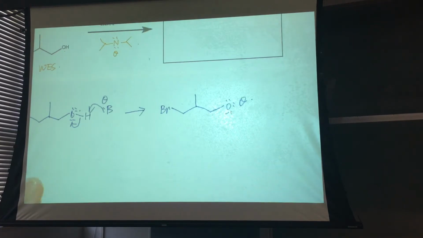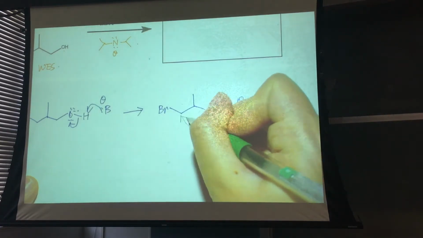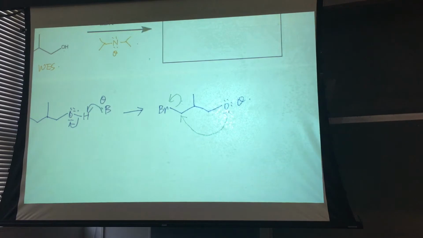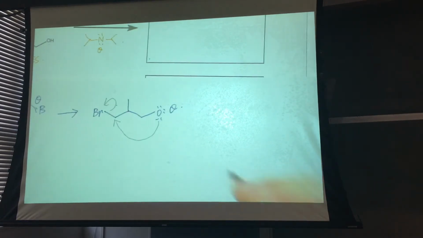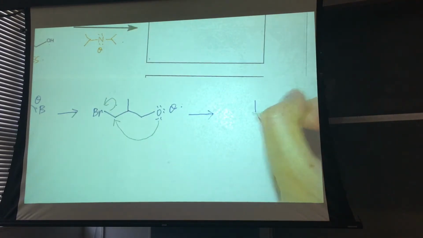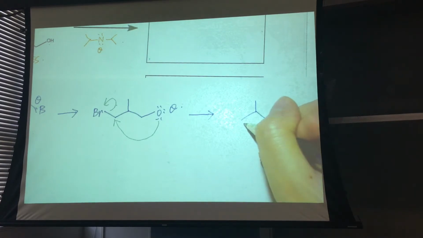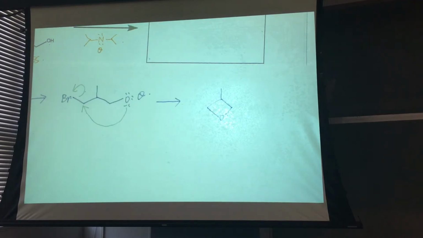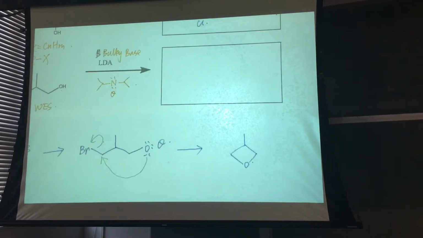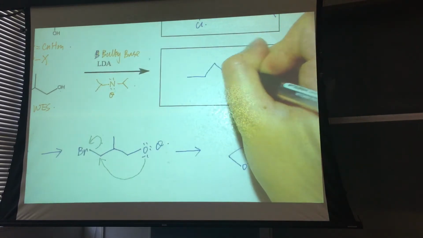And this one is going to attack the carbon, and this one will form an intramolecular ether. Okay? The answer key looks like this.